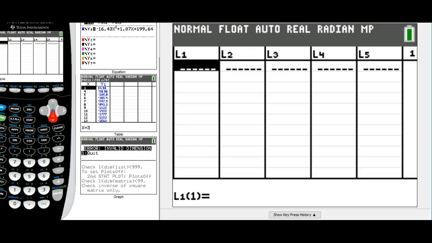Under L1, we're going to put our years 2, 3, 4, 5, 6, 7, 8, 9, and 10.